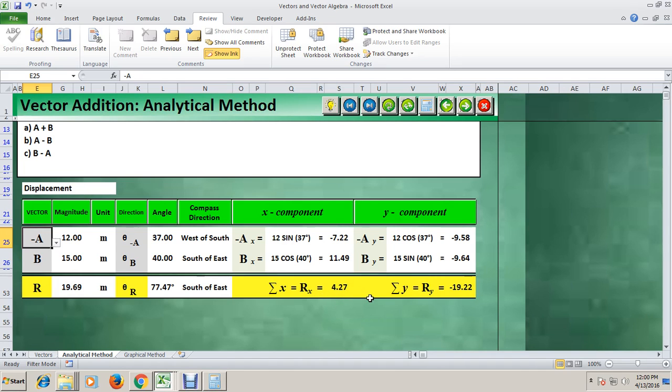It reverses the sign of the two components. 4.27 becomes positive, and 19.22 becomes negative. So since the value for r sub x is positive and the value for y is negative, we expect that the location of the resultant vector is on what quadrant? It should be on the fourth quadrant.